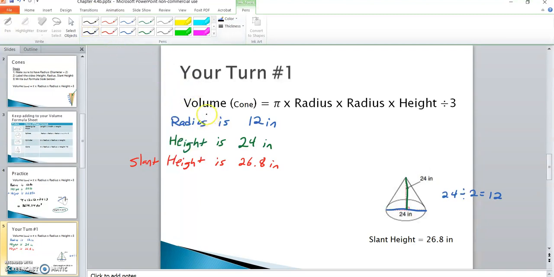Alright, so now we're ready for our formula, and I would like you to fill in the formula and figure out the final answer. So go ahead and pause the video and do that now. All right, so we're going to have pi times 12 times 12 times 24 divided by 3.